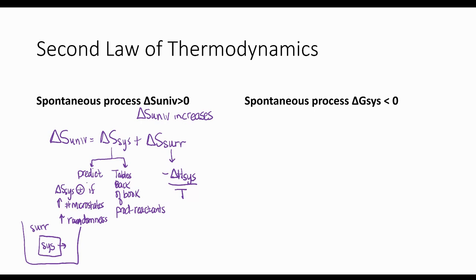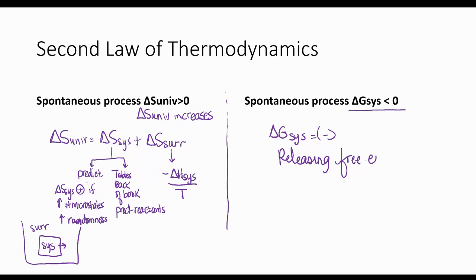Okay, now there is an easier way of discussing spontaneity, and that is free energy. That the delta G of the system, if it decreases, it's giving off free energy to do work. So if delta G of the system is negative, it's releasing free energy to do work.